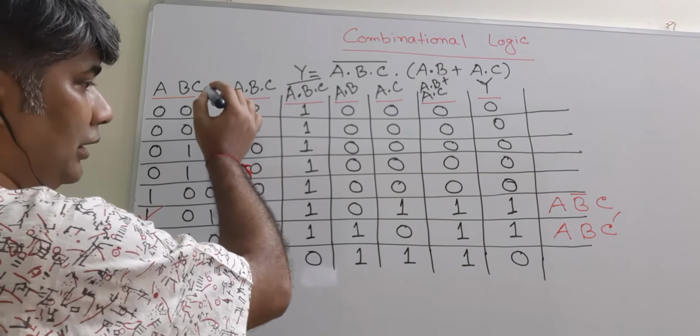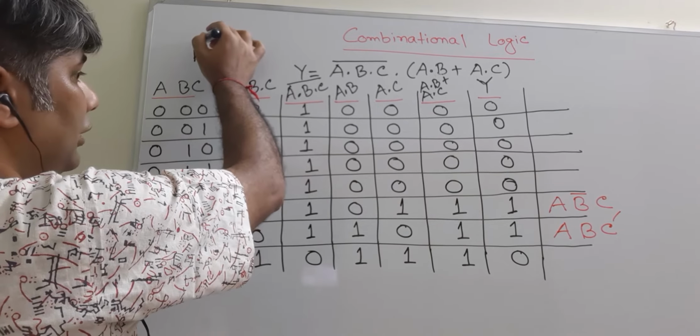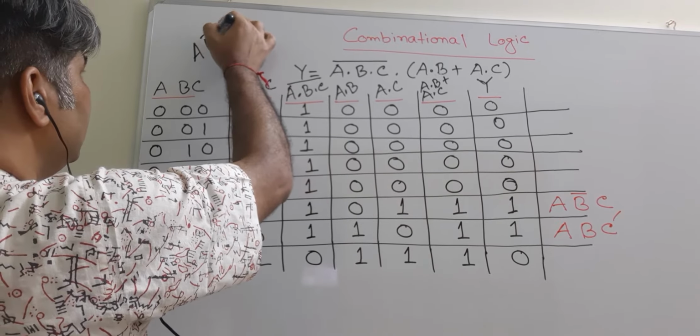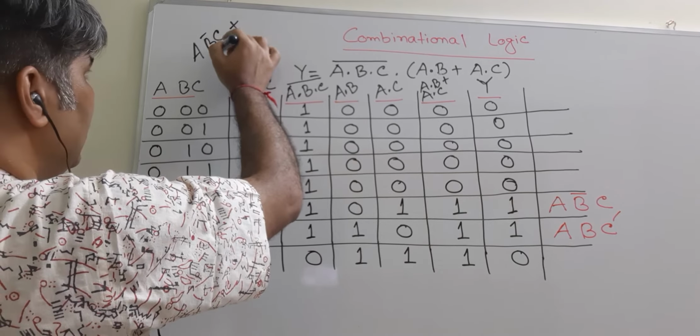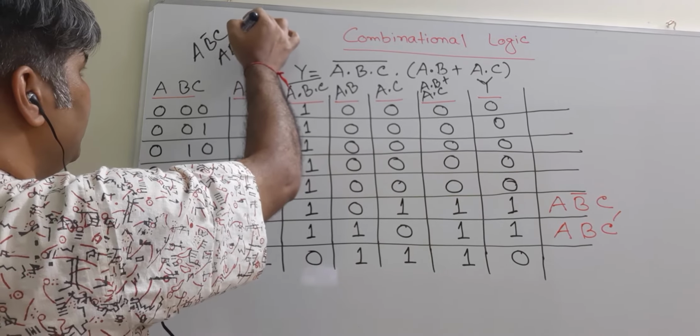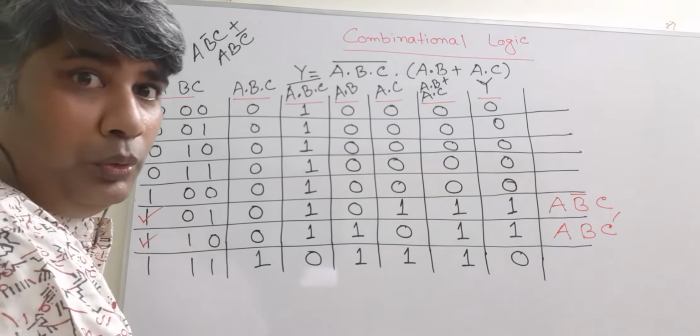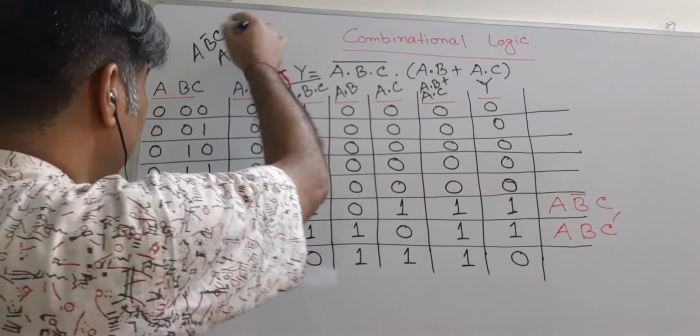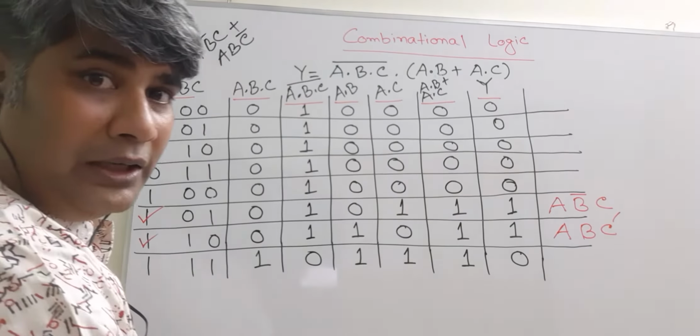Let me write it like this: a b prime c plus a b c prime. So for this expression we need to design a circuit.